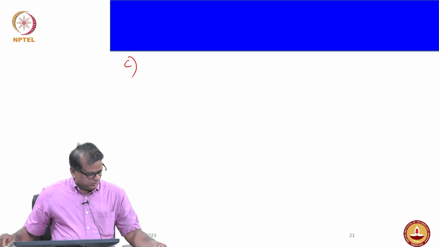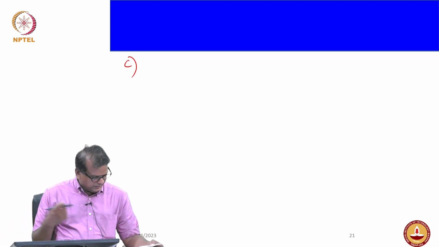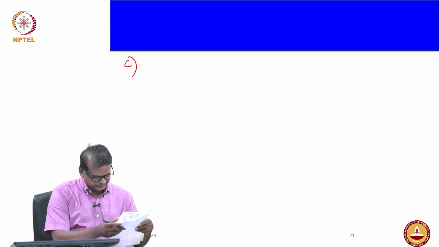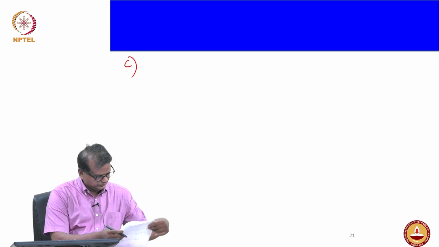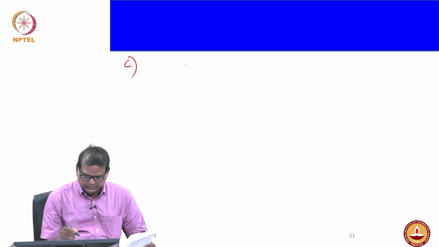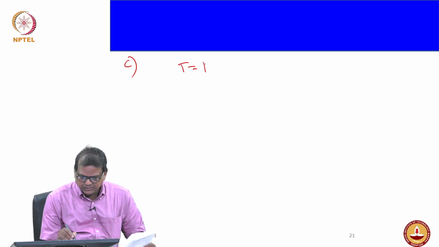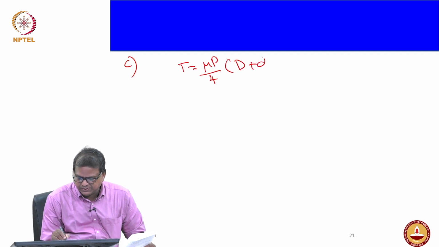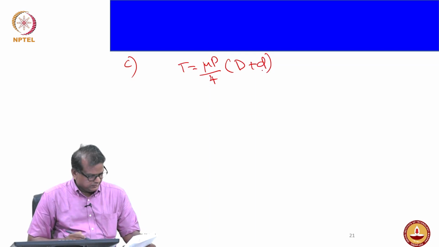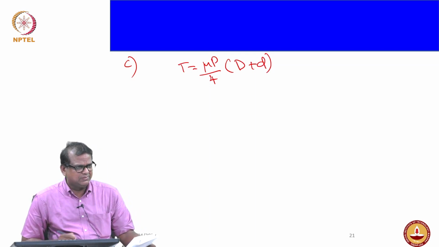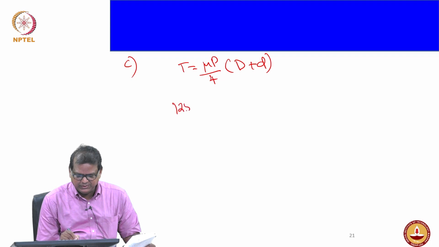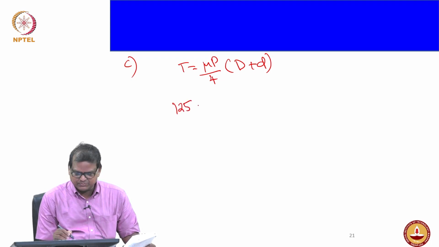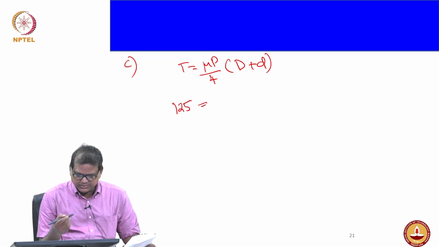So we know the torque equals mu P by 4 times (D plus d) under uniform wear theory. What value should we expect? The design value, 125 Newton meter. That's the value we are supposed to expect, because of uniform wear theory.